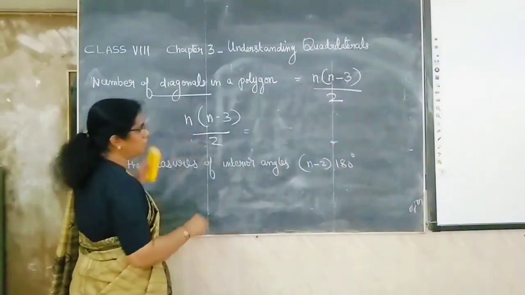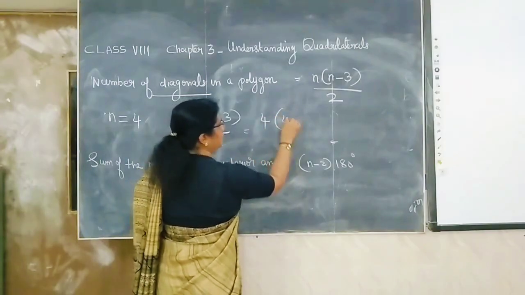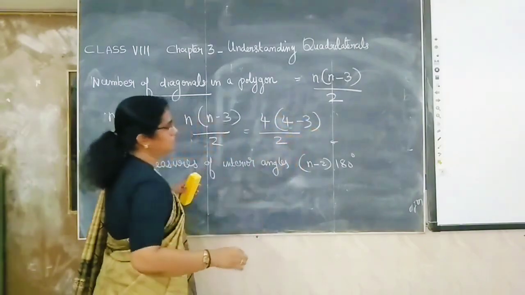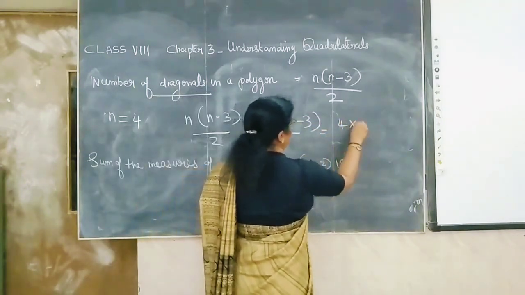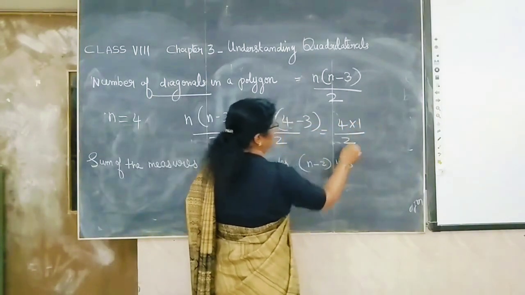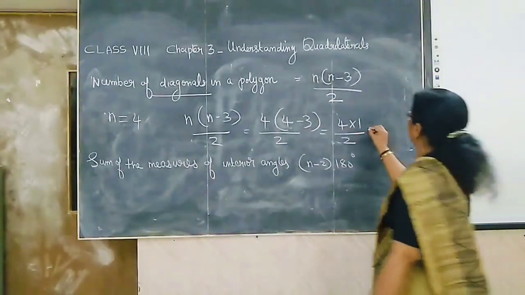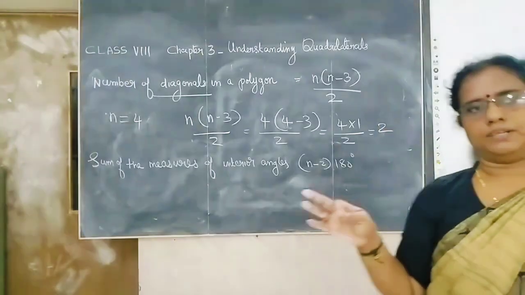So, put n equal to 4. This becomes 4 into 4 minus 3 divided by 2. That is equal to 4 into 1 divided by 2. Now 4 divided by 2, that is 2.